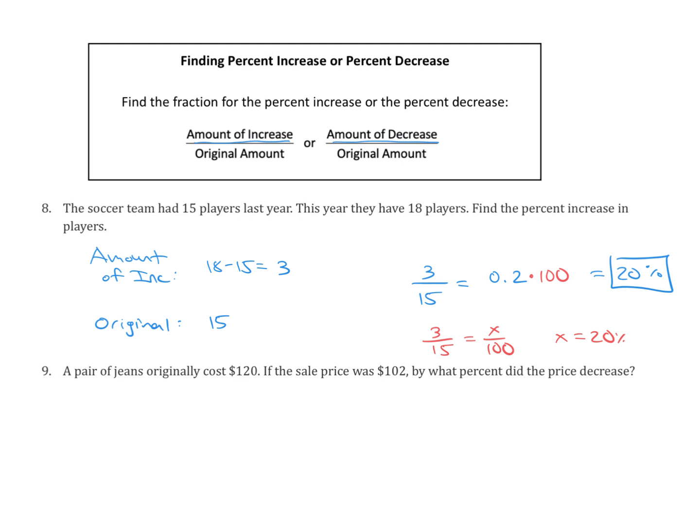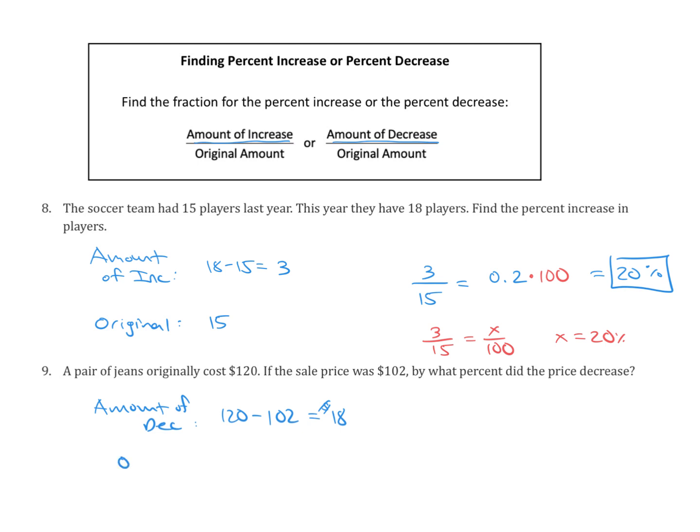The last problem, a pair of jeans originally cost $120. If the sale price was $102, by what percent did the price decrease? So this is a percent decrease problem. The price went down. So first we find the amount of decrease. And we do that by subtracting just the bigger number minus the smaller number, and we get $18 is how much the price went down.